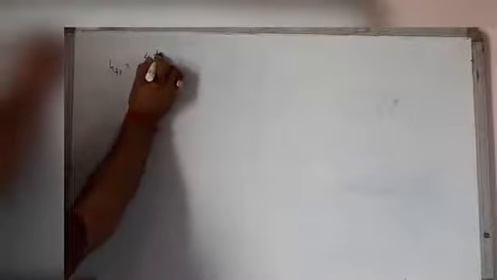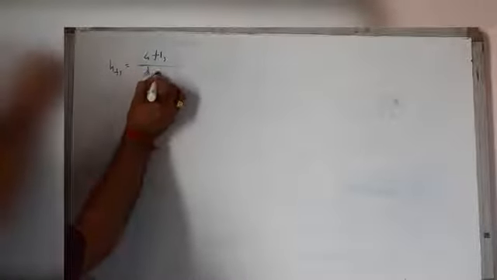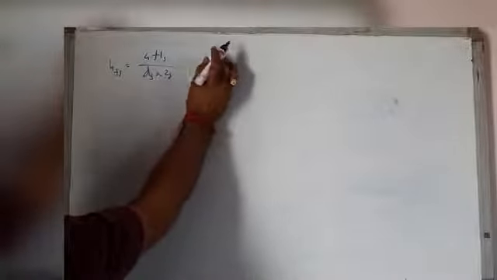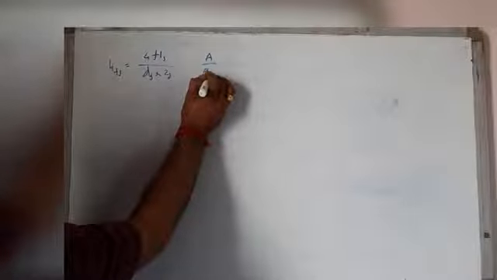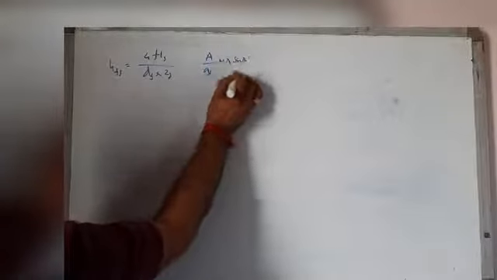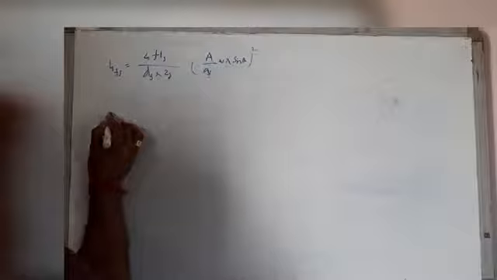Now for the loss of head due to friction in suction pipe, HFS equal to 4 f LS by ds into 2g, A by AS omega r sin theta whole square.